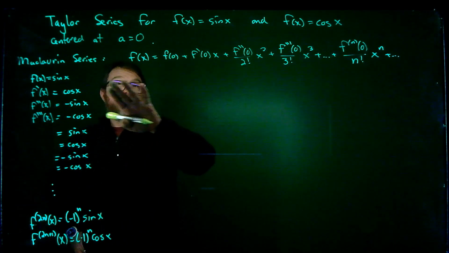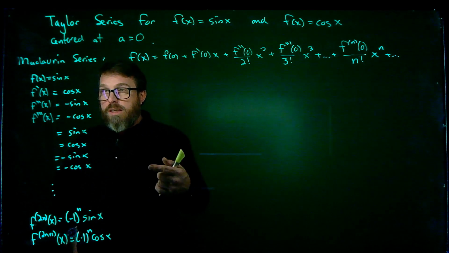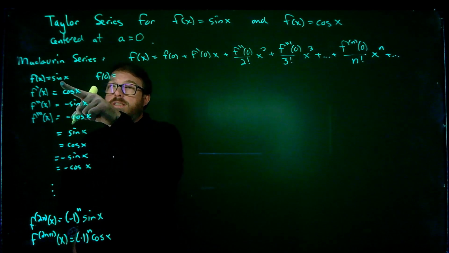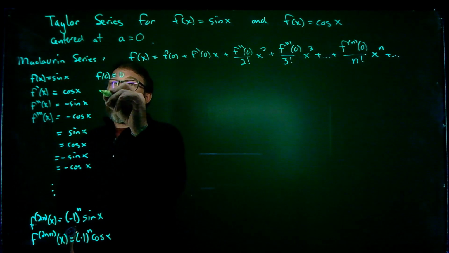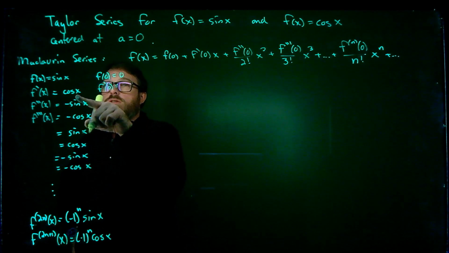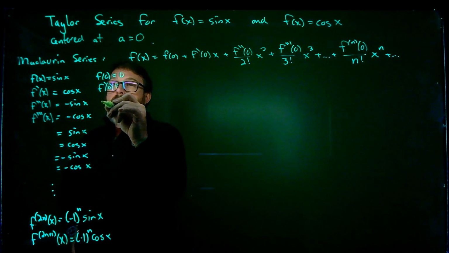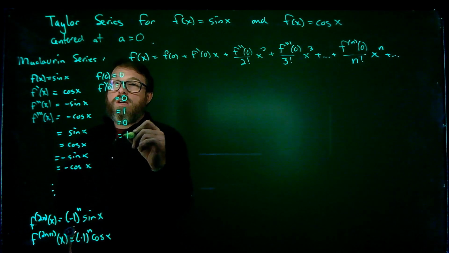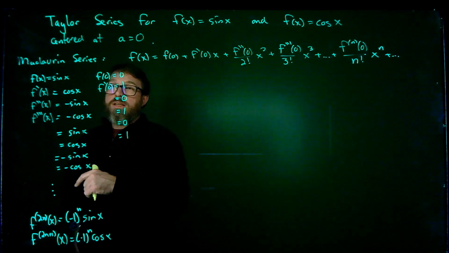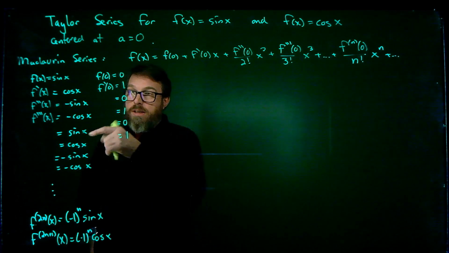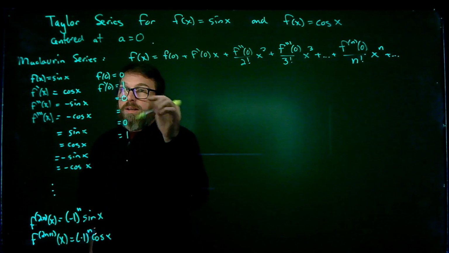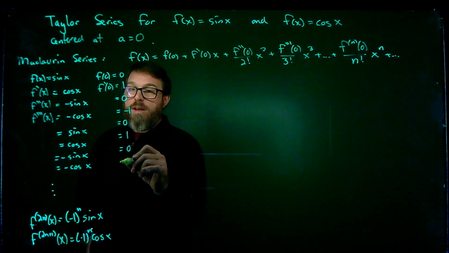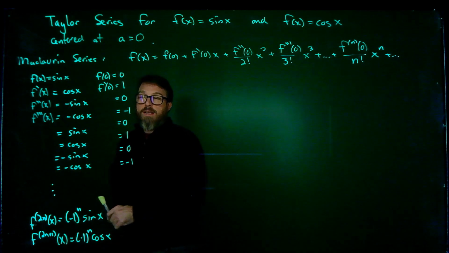Remember, if I want to do the Maclaurin series, I have to evaluate these things at 0. So f of 0 is going to be the sine of 0, which is 0. f prime of 0 is going to be the cosine of 0, which is 1. And then you can see that this is just going to bounce back and forth between zeros and ones. Well, we have to be careful. That's not exactly true because this is going to be negative 1, and then positive 1, and then 0, and then negative 1, and so on, because remember the sign alternates.